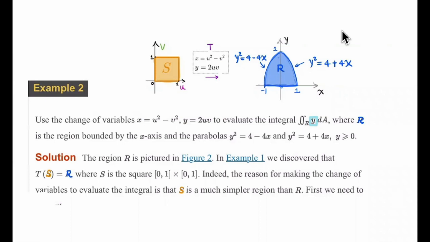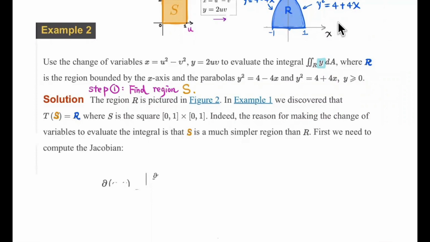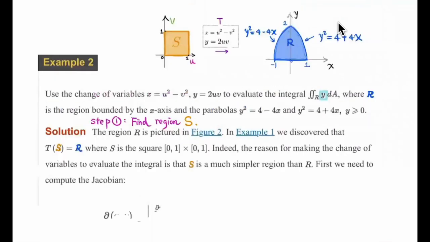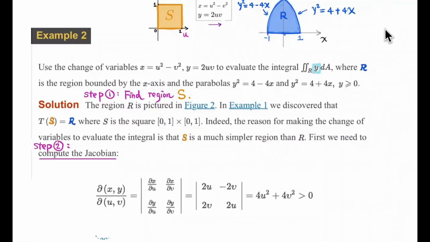Let's compare this region S and region R. Region S is much simpler than region R. So the first step here is to find the region S. The next step is to compute the Jacobian.